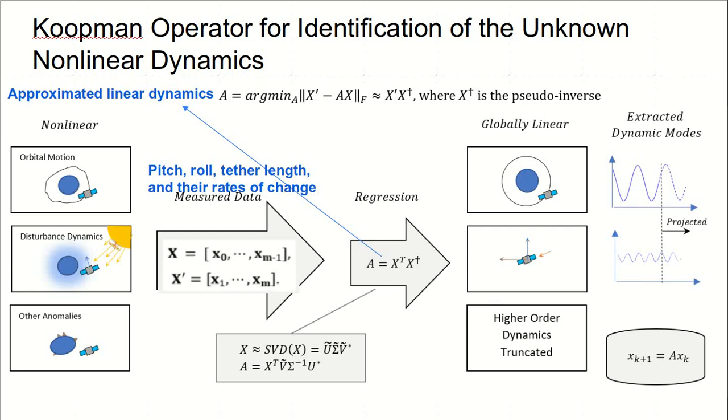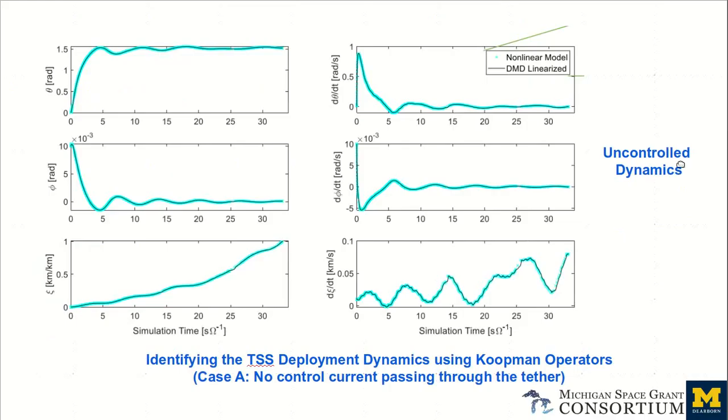deployment maneuver. Now, let's see some simulation results that we obtained for system identification, in this case using the Koopman operator. As you can see from the figures, the first set of simulations were based on control-free dynamics, meaning that there were no control forces acting on the EDT, and the only forces that were acting were sinusoidal disturbances.